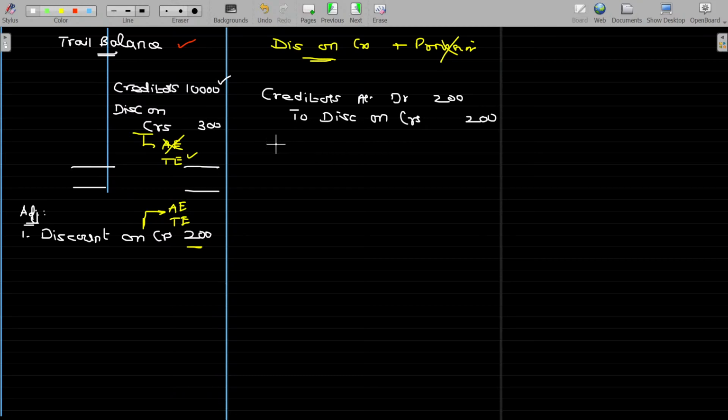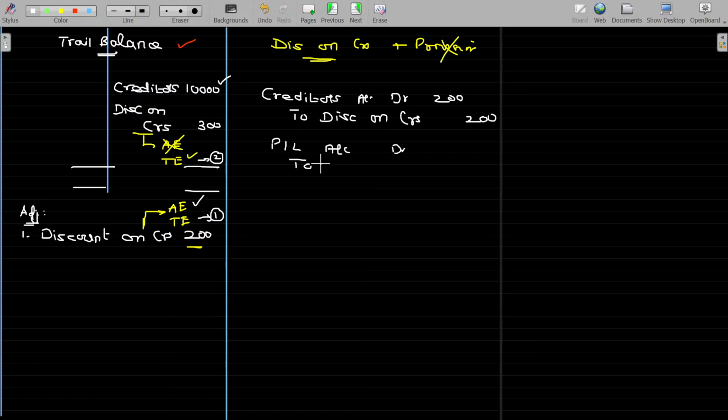The next entry is transferring the discount to the P&L account. We passed the adjustment entry, now we have to pass the transfer entry number 1 and number 2. Both put together will be transferable.